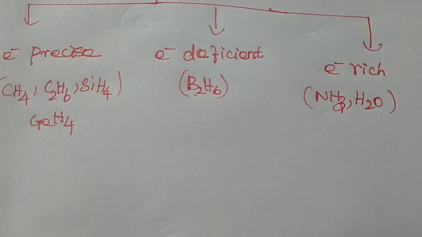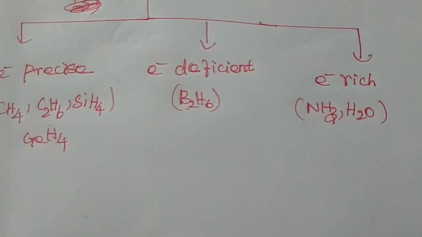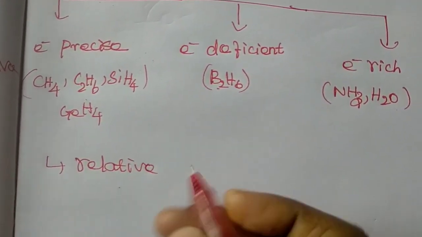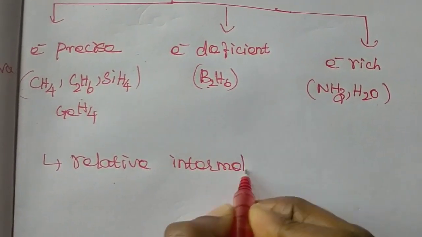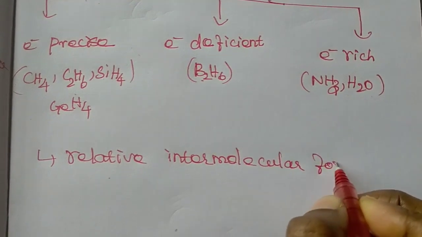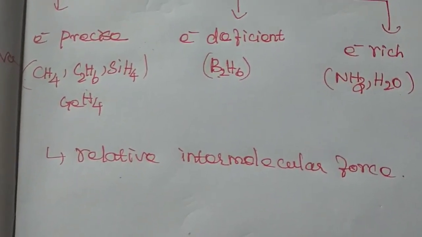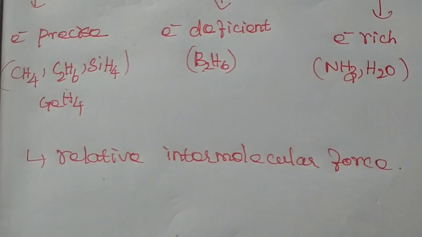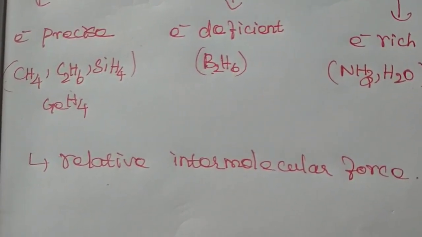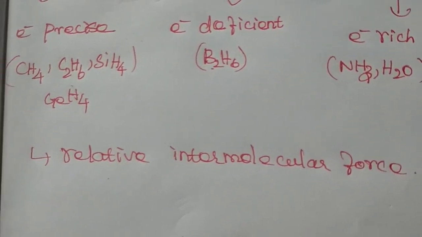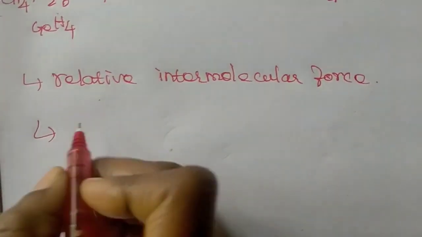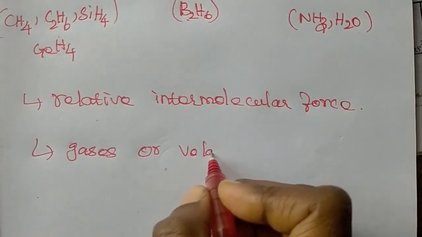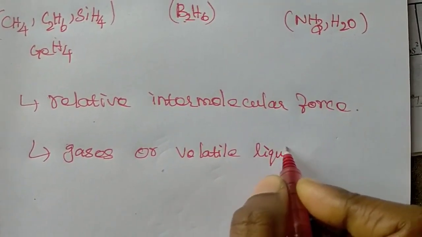They have relatively weak intermolecular forces. Because the small molecules exhibit weak intermolecular forces, they are generally gaseous compounds or volatile liquids.